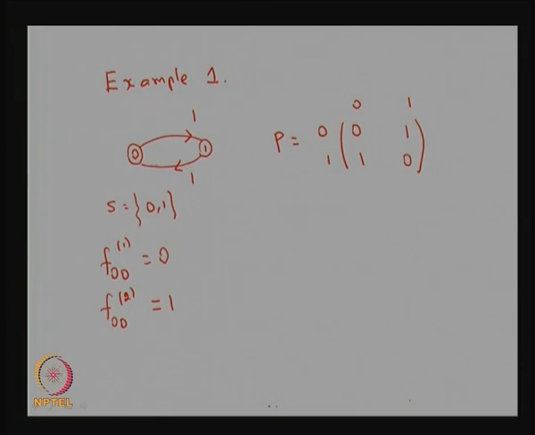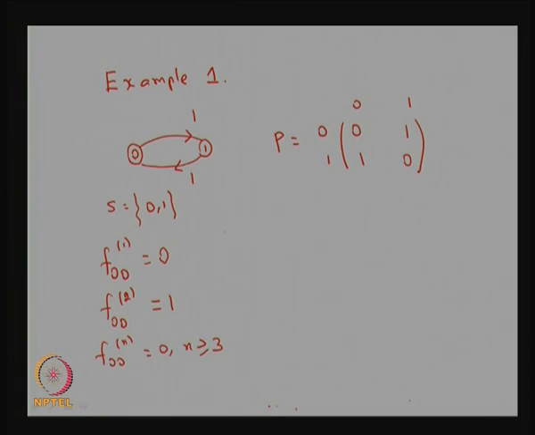And by seeing the state transition diagram, you can visualize, since it comes back to the same state in exactly the second step, all further first returns are not possible. Therefore, F00 of n is 0 for n greater than or equal to 3.